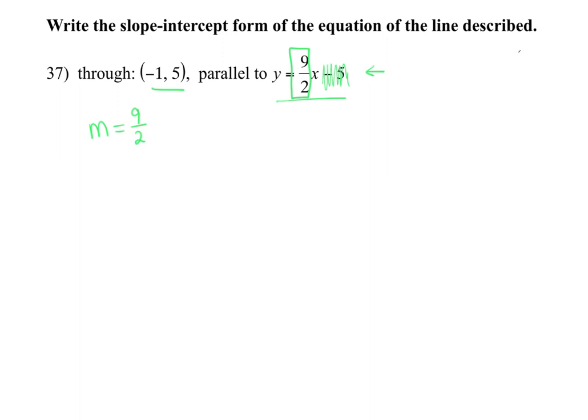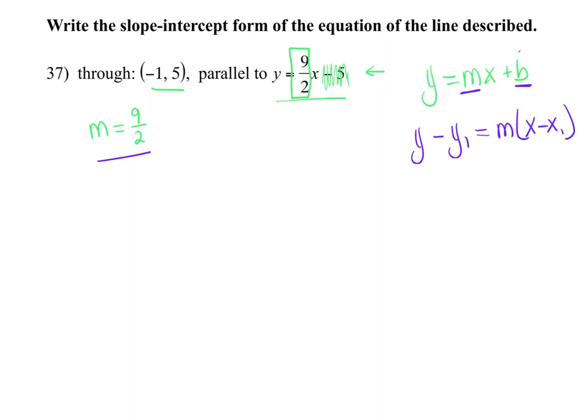So once again, they want the slope-intercept form of the equation, which means I have to have the M and the B. I can look at the other line and I now know what my M is. Then I do the process exactly the same. I can either use my y equals mx plus b or my y minus y1 equals m times x minus x1.